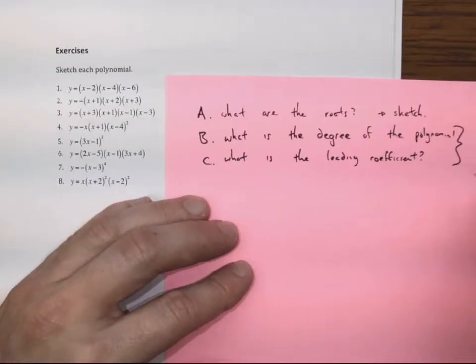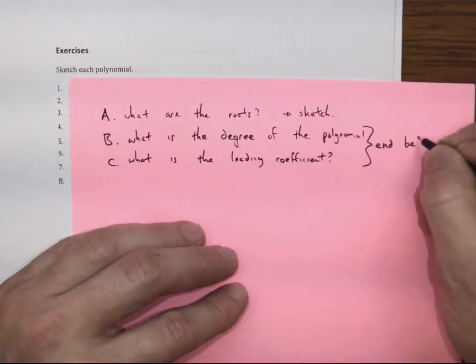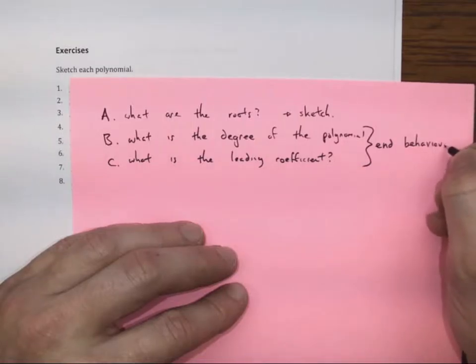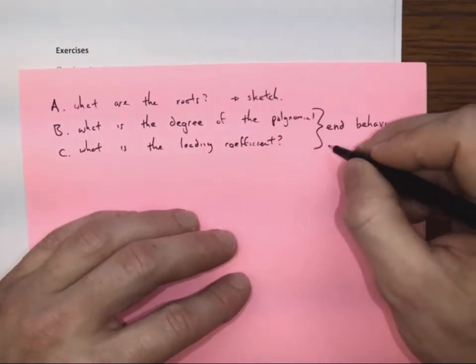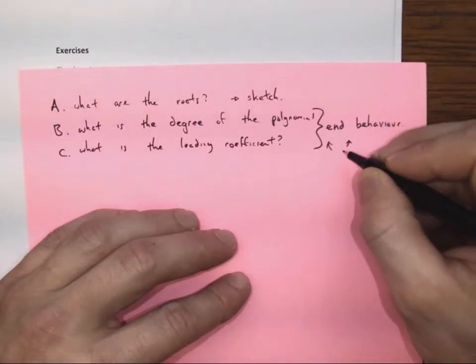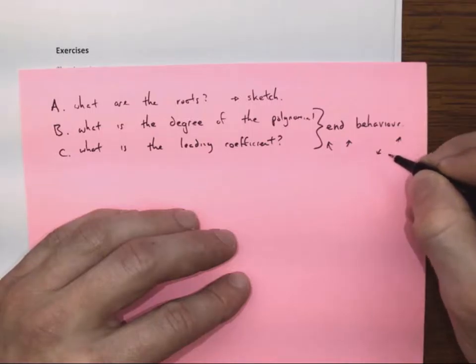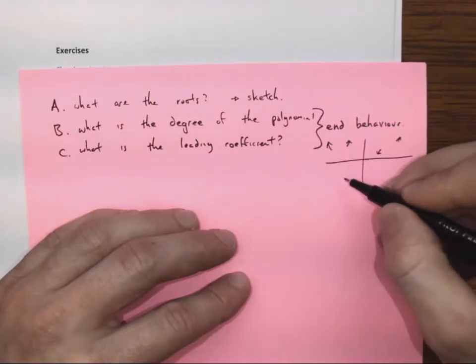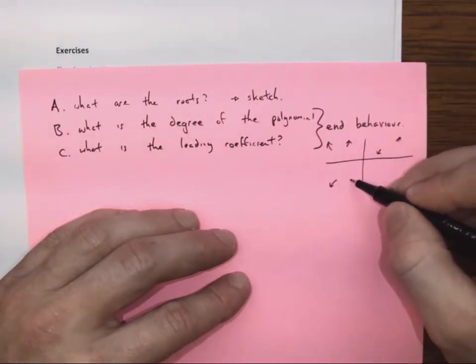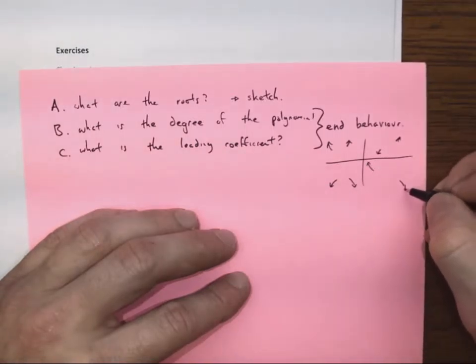And these two together are going to tell us something about end behavior. In other words, does it trend to infinity in both directions, or does it trend to positive infinity in one direction, negative infinity in the other, or does it trend to negative infinity in both directions, or positive infinity in the left and negative infinity in the right?